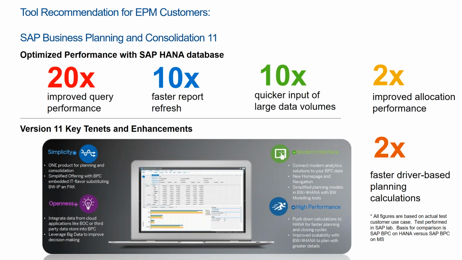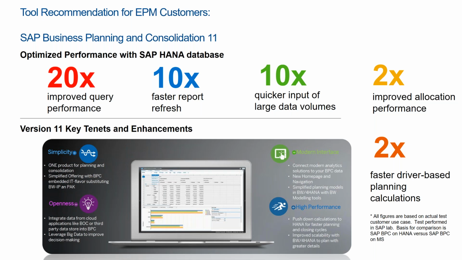So I would certainly not expect that in every instance. A lot of times in the reports, a lot of hard work can be done in the Excel add-in to really get everything formatted and print ready for you. So HANA isn't necessarily going to cut down on any of that. But when you're looking at larger data sets and when your query times are really due to pulling data back from the database, HANA performs well above and beyond what Microsoft and NetWeaver versions did historically.